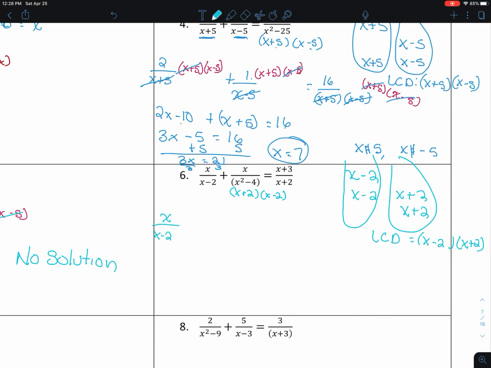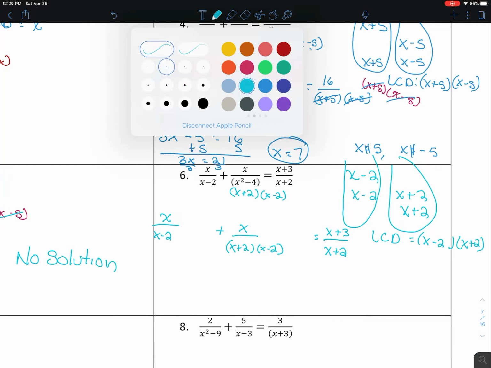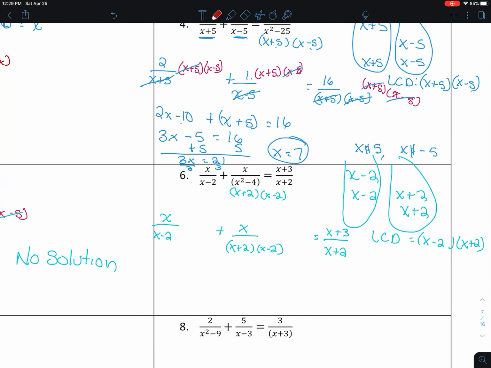So my least common denominator is x minus 2, x plus 2. Okay, so I'm going to multiply everything by that. So I have x over x minus 2 plus x plus 2 over x minus 2, and that's equal to x plus 3 over x plus 2. All right, so let's multiply by our least common denominator, which is x minus 2, x plus 2.